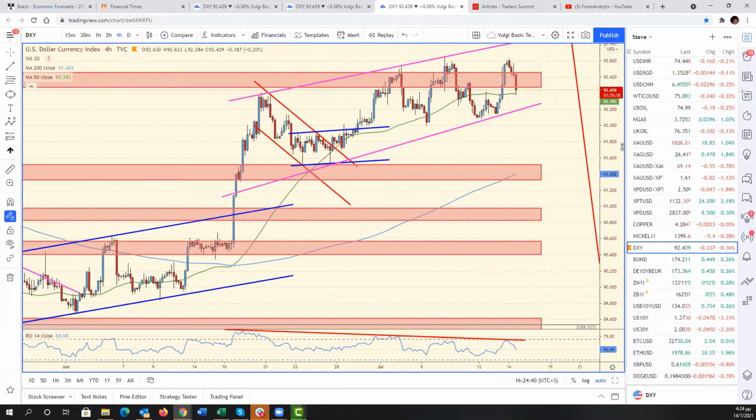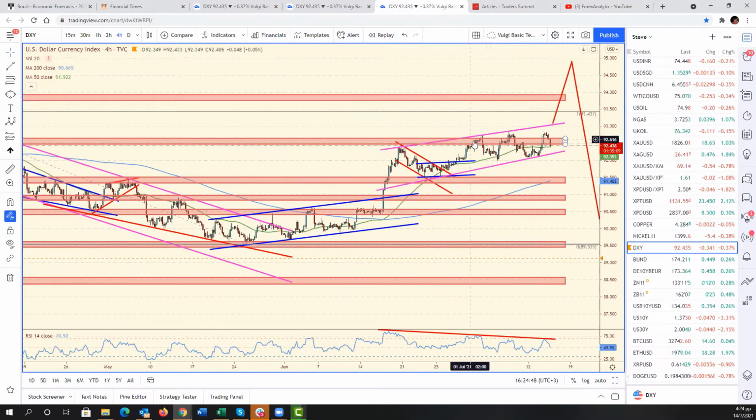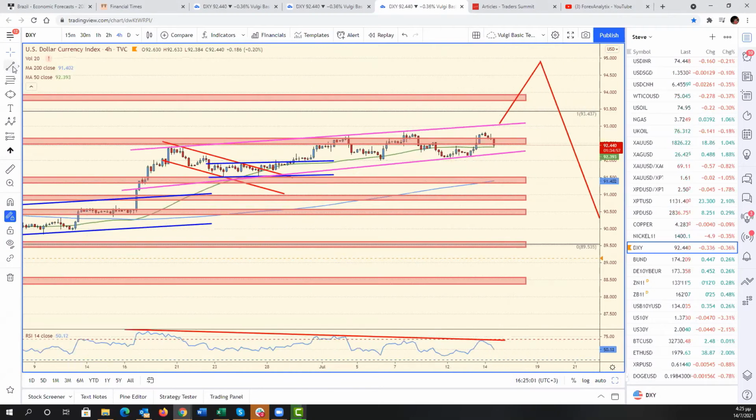And here is the DXY, right? Now, I'm not sure if I want to put this as bullish or range. Yes, we are still in a series of higher lows, but in what looks to me more of a consolidation that has a very decent chance of failing.